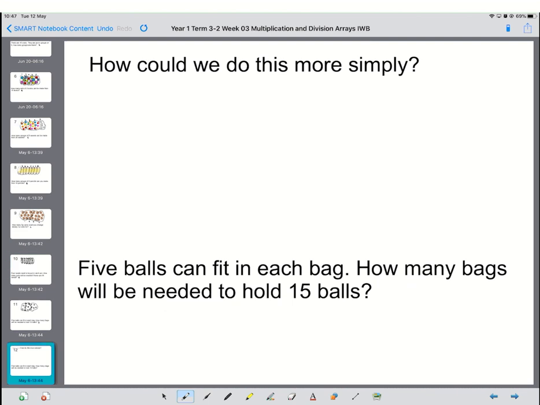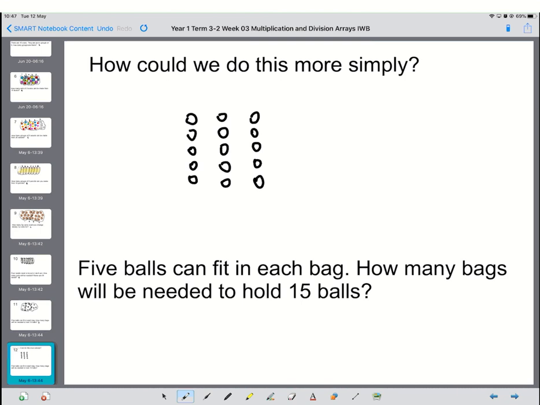Okay, so we've got, putting them this time like this, 1, 2, 3, 4, 5, that's one good set. So that's the first bag. Second bag, that's another 5. Third bag, so that's 11, 12, 13, 14, 15.